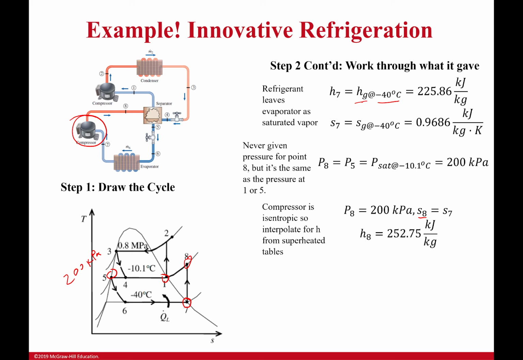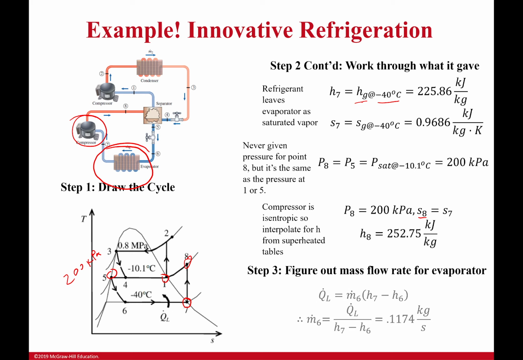Okay, now we have all of the enthalpies, every single one, and that's enough for us to solve this problem, hopefully. So now let's figure out the mass flow rate for our evaporator. This is the easiest one because the cooling load is coming out here, and so that's going to be connected to the change in enthalpy, which we know, and our mass flow rate.